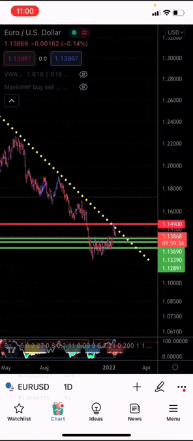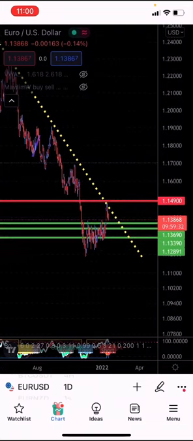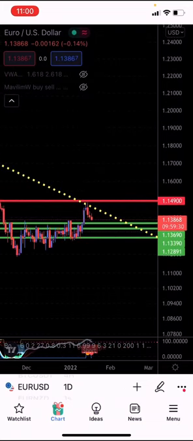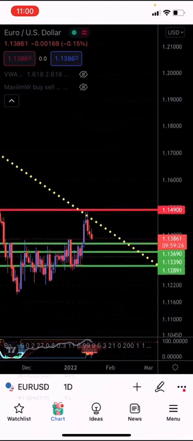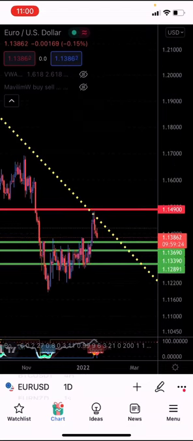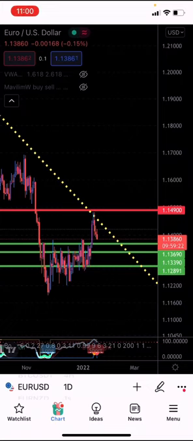So we've hit that resistance level, and that's where we've put our stop loss, just above that resistance level, and we're bouncing off and going to waters where we've already been. So that is the Euro USD on the daily chart.